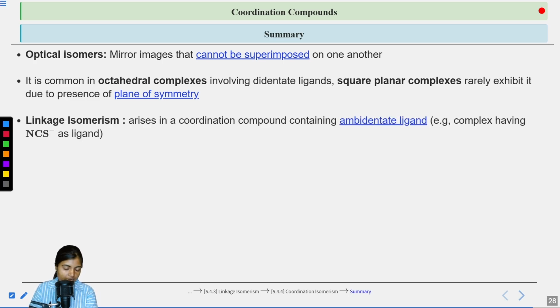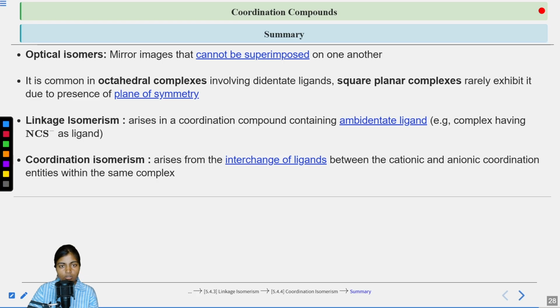Then we covered linkage isomerism, which arises in a coordination compound containing an ambidentate ligand. For example, if the complex has NCS negative, thiocyanate, as a ligand, then that coordination compound will show linkage isomerism. Lastly, we covered coordination isomerism, which arises from the interchange of ligands between the cationic and anionic coordination entities within the same complex.